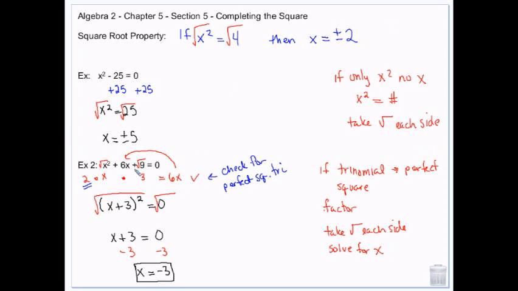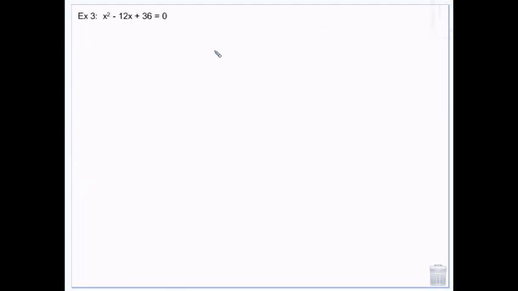If it doesn't match the middle term, then it's not a perfect square trinomial, and you'll either have to factor it a different way or use another method for solving. So I'm going to take the square root of the first and the square root of the last, and I get x and 6, and I'm going to multiply those together by 2.